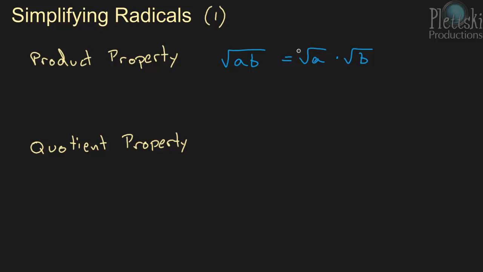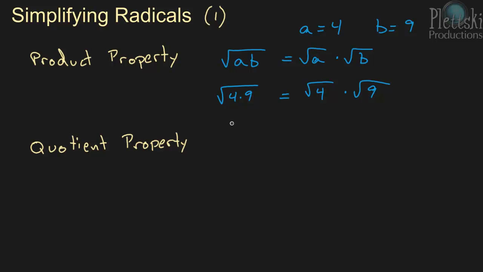If a equals 4 and b equals 9, let's test this property out. So we have the square root of a times b, which, if a is 4 and b is 9, is the square root of 4 times 9. We want to make sure that it's equal to the square root of 4 times the square root of 9.